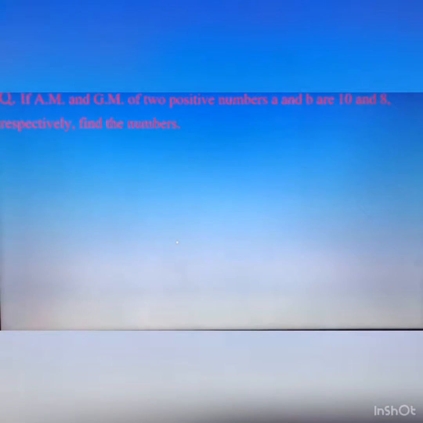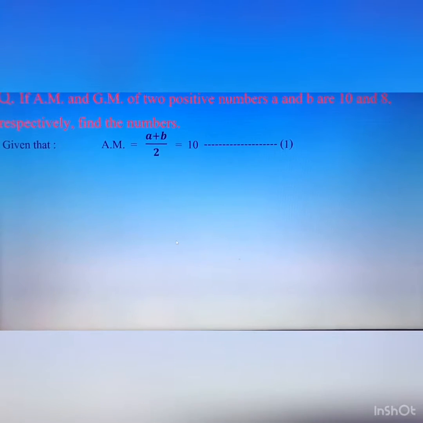Now let us understand it with an example. If the AM and GM of two positive numbers a and b are 10 and 8 respectively, find the numbers. So here AM equals (a plus b)/2, and the arithmetic mean is given as 10. So we get equation number 1, and GM is given as 8, GM is square root of ab. Let the two numbers be a and b.